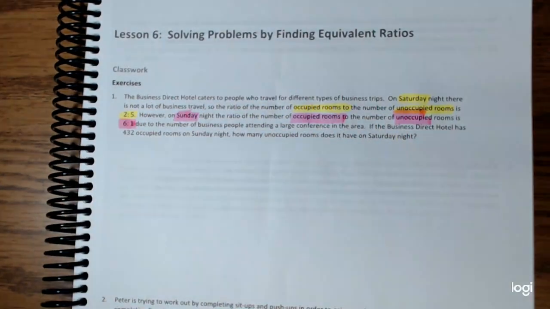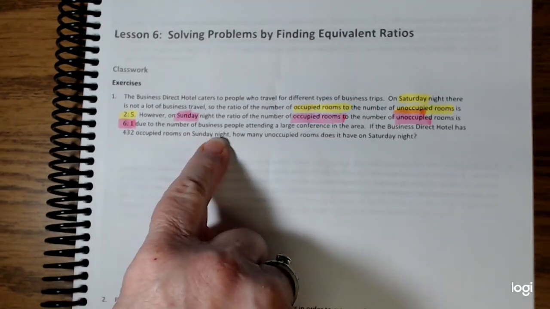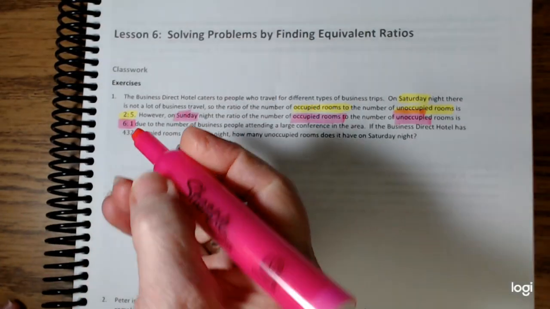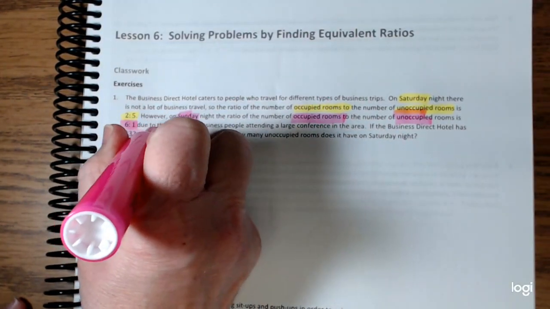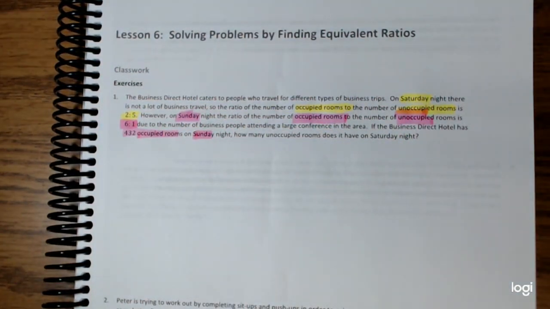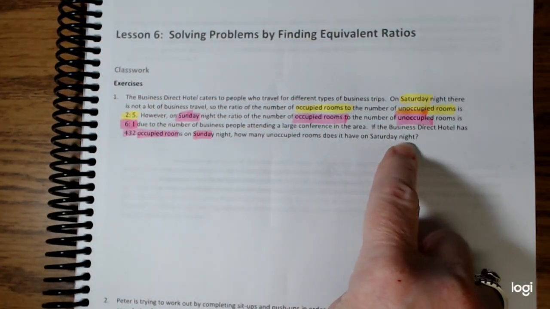Oh, a lot more people staying. If the Business Direct Hotel has 432 occupied rooms on Sunday, Sunday was my pink color, so I'm going to continue saying that 432 occupied rooms goes with Sunday. How many unoccupied rooms does it have on Saturday?